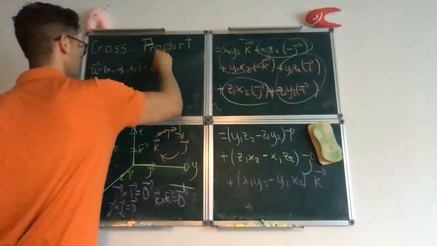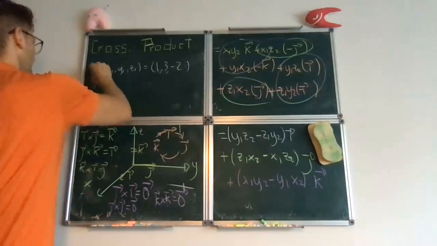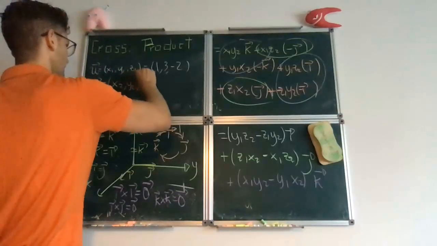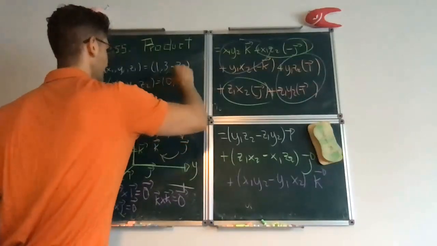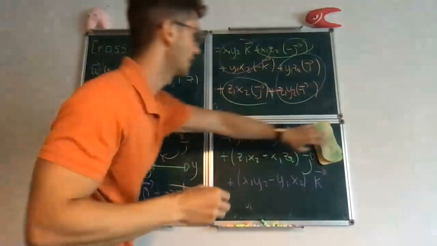c1, and then it's 1, 3, negative 2, and v is x2, y2, c2, which, in order to make this easy, let's put this here, 0, 1, 7.